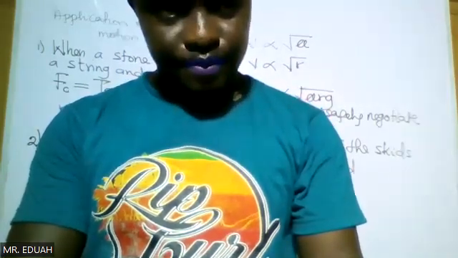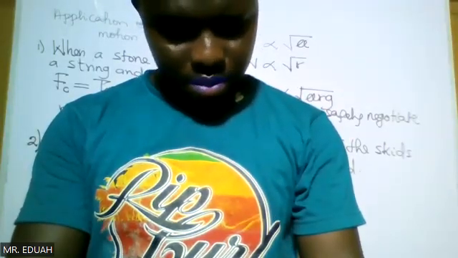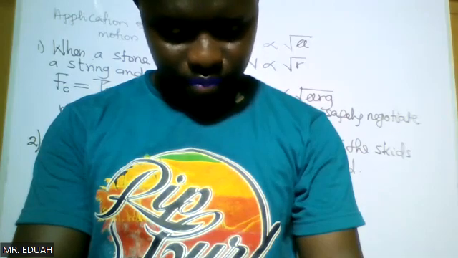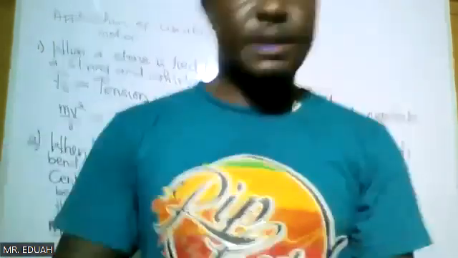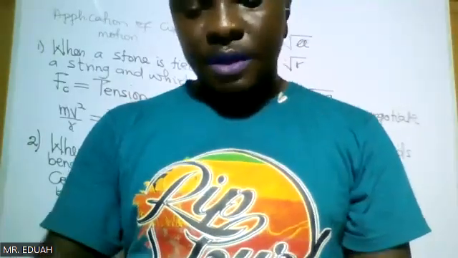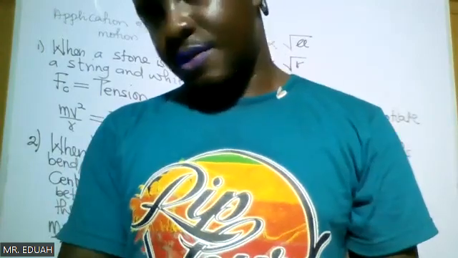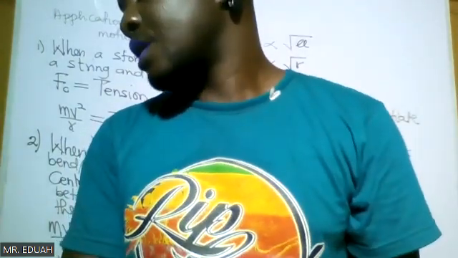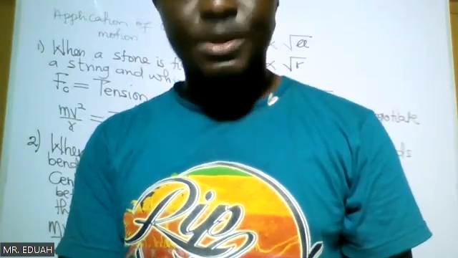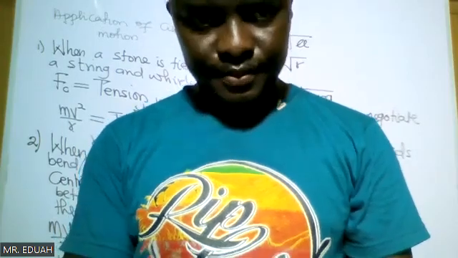Nice one. That is, the velocity should be less than or equal to 13.228. So it means for the car to still turn successfully, the speed must be anything less than or equal to 13.23 meters per second. So that's correct.